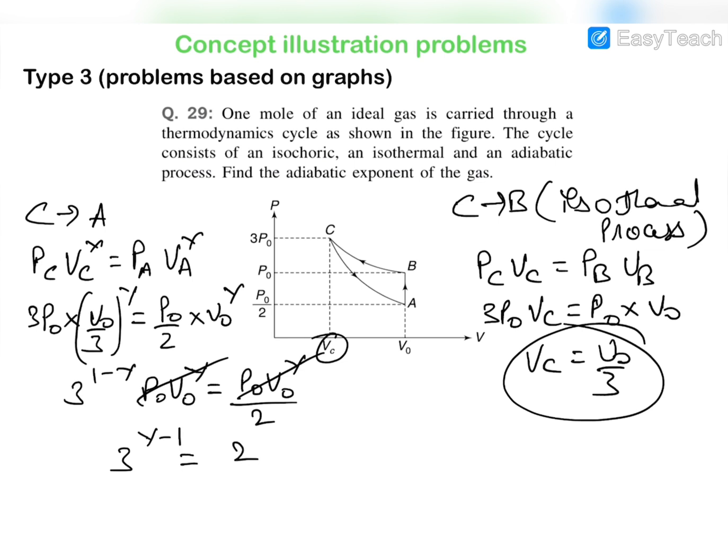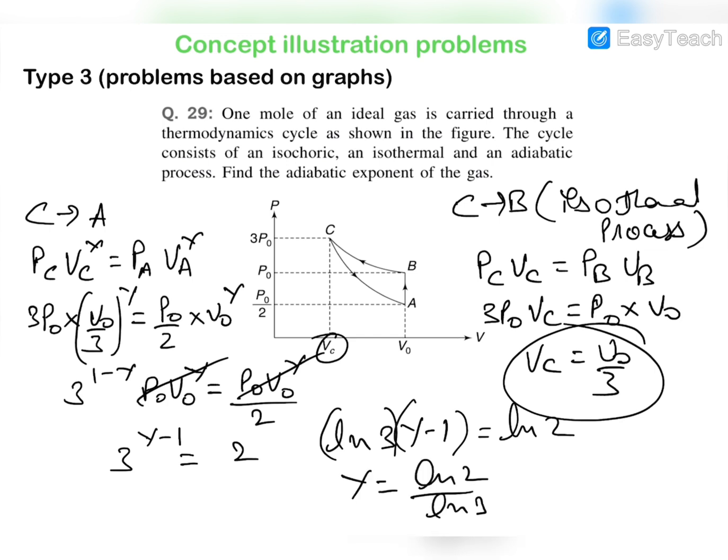is equal to 2, and ln 3 into gamma minus 1 is equal to ln 2. So gamma is equal to ln 2 by ln 3 plus 1.